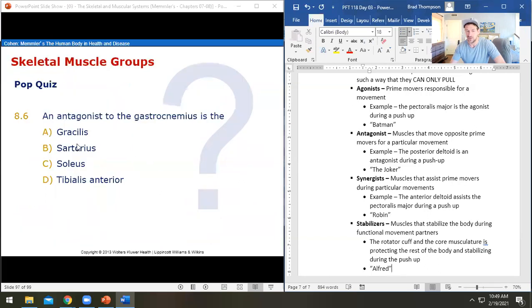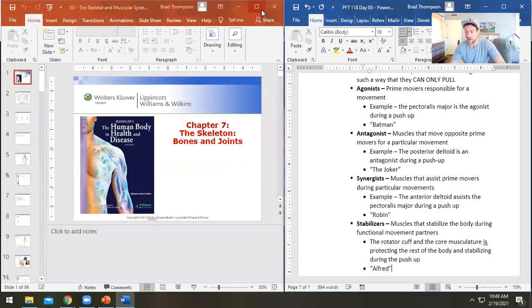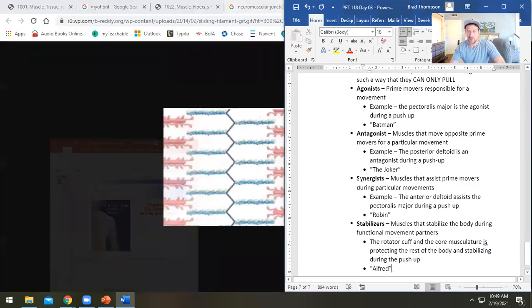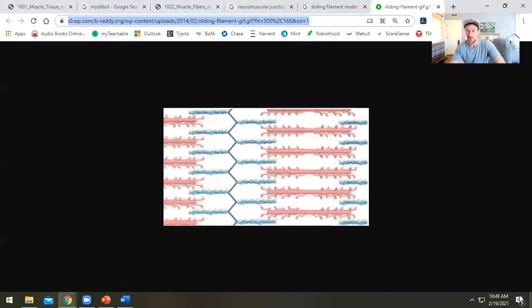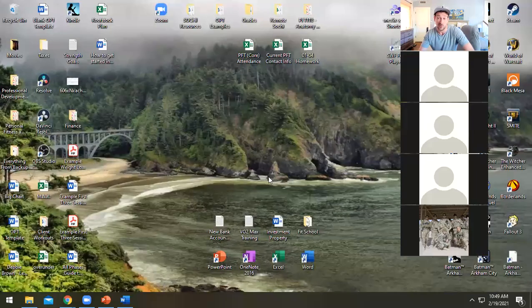So I honestly wouldn't spend too much time working on that. Pay attention to these terms here, because that is the stuff that you're definitely going to want to get familiar with before we move into the classes where we are going to teach it.